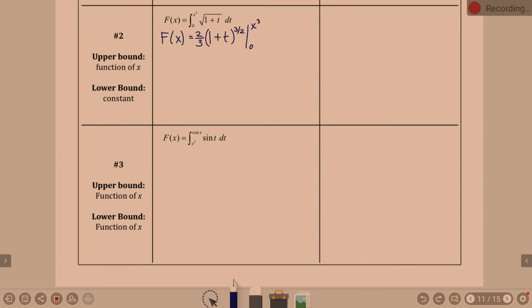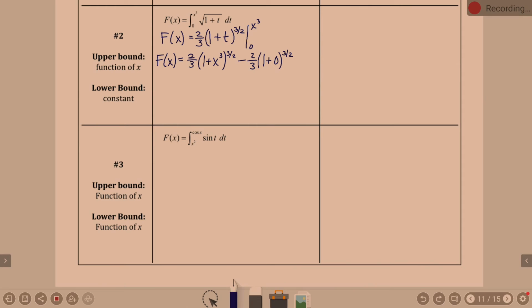Okay. If we plug this in and evaluate it, plugging in x cubed first and then 0 next: 2/3 times 1 plus x cubed to the 3/2, minus, and then plug in your 0, 2/3 times 1 plus 0 to the 3/2. That's our evaluation piece there, right?